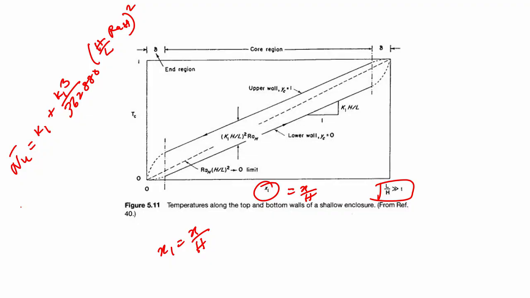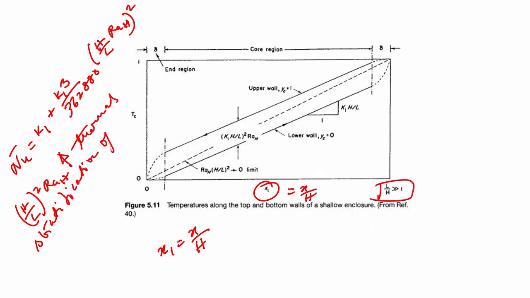So, let me write this down also: as H by L squared Ra_H goes up, the thermal stratification of the core must be considered.